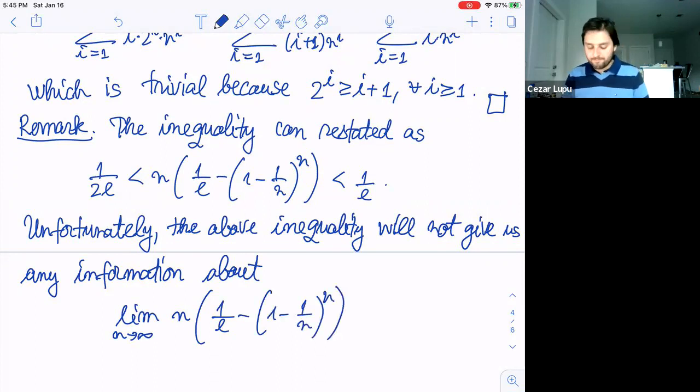Doesn't give us any. Anyway, maybe we should use some different method to prove this.